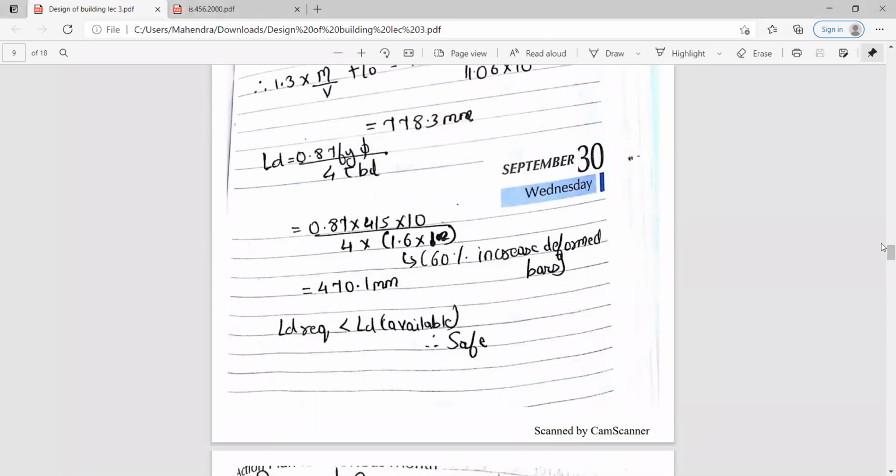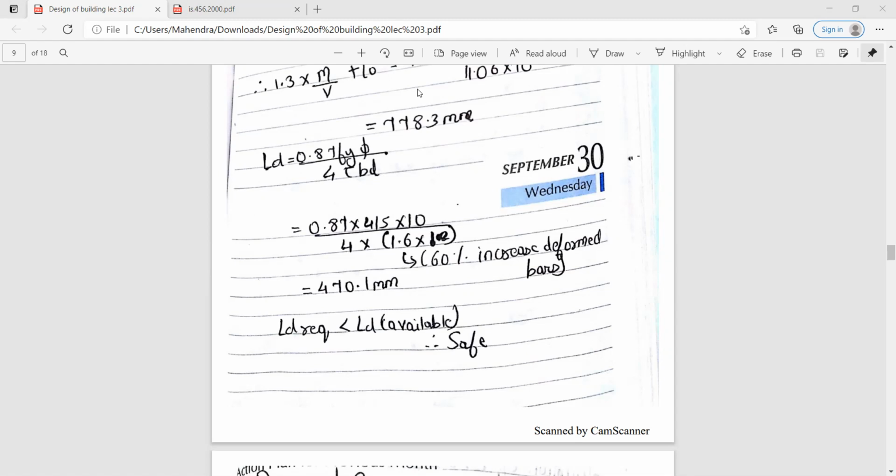Then Ld will be 0.87 fy into phi upon 4 tau bd. Now fy is 415, diameter of the bar is 10, then 4 into tau bd as 60% increased, deformed bars we are going to use. So we are going to take it as 1.6 into 1.2.